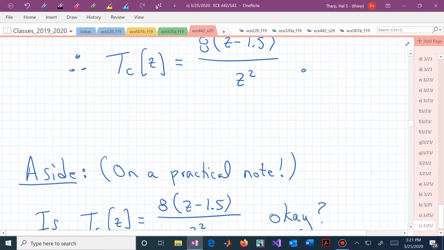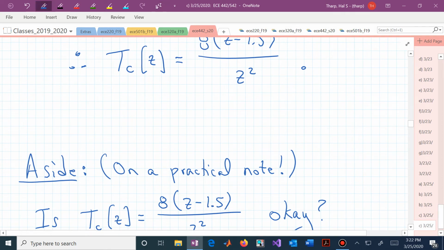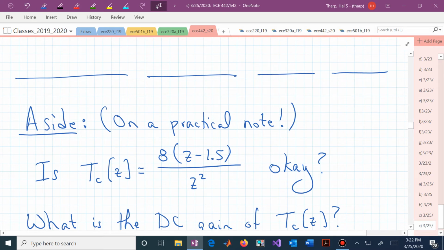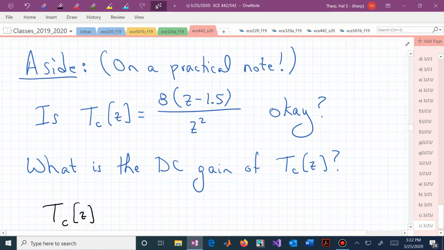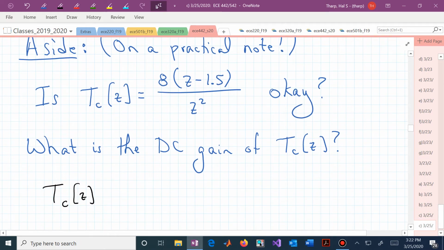On a practical note, let's do an aside: is that desired closed loop transfer function, t sub c of z, even okay? What is its DC gain? How do we find the DC gain? I'm looking for hands and I'm not seeing any, but that's because I'm in an empty room. Sorry about that.